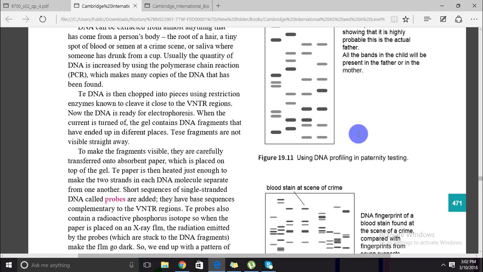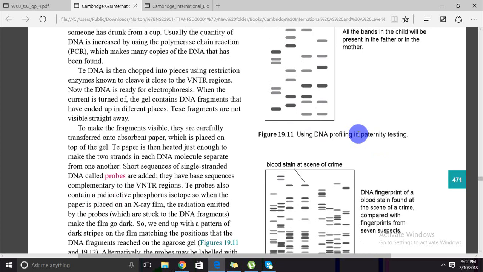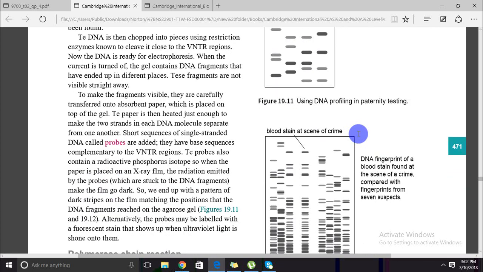And the probes contain a radioactive phosphorus isotope. So when the paper is placed on an X-ray film, the radiation emitted by the probes, which are stuck to the DNA fragments, will make the film go dark. So we end up with a pattern of dark stripes on the film, which will match the position that the DNA fragments reached on the agarose gel.